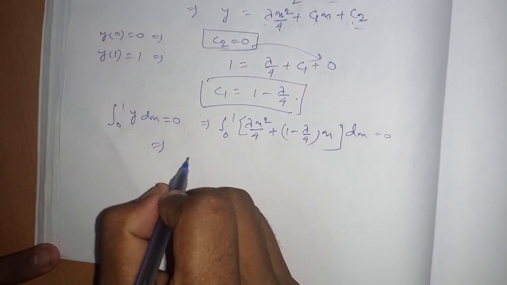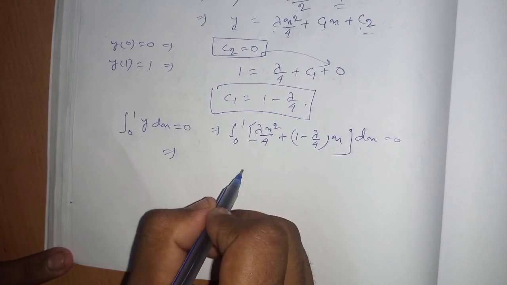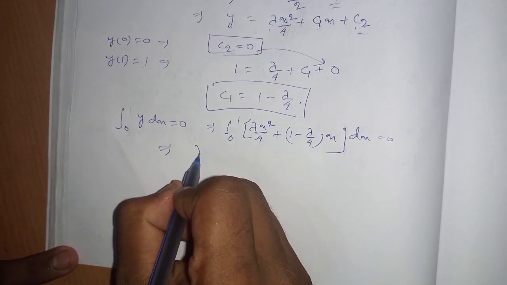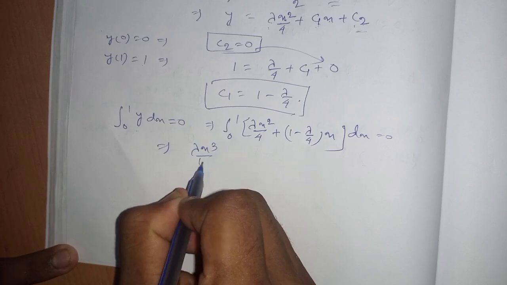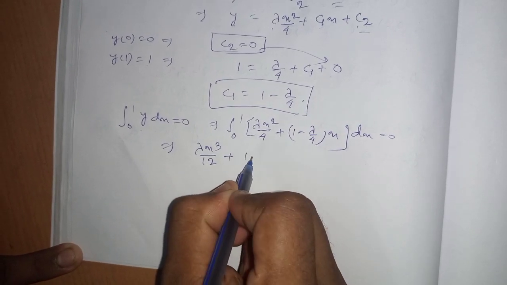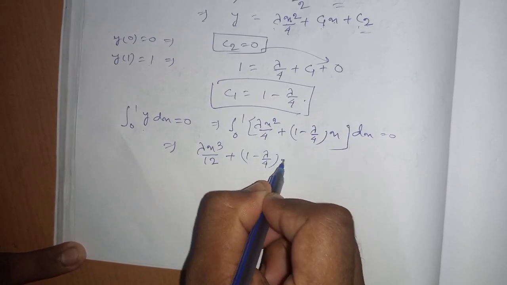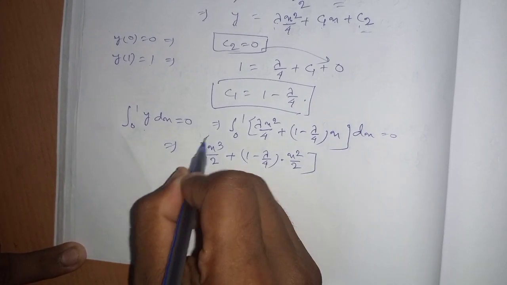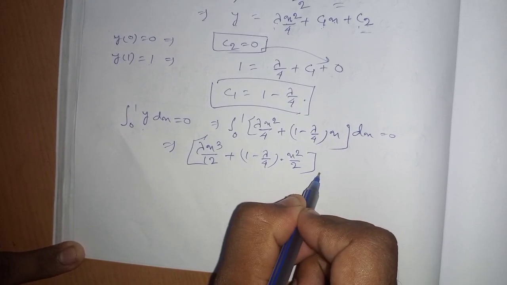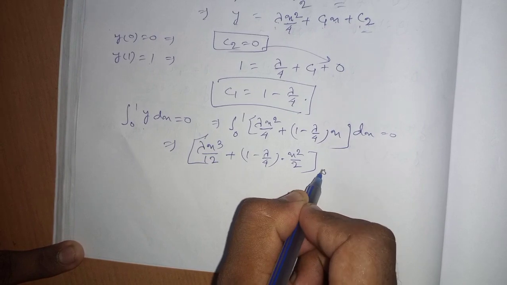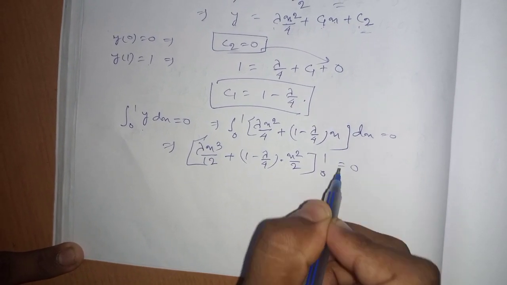Now what is the integration of lambda x square by 4? It is lambda x cube by 12 plus (1 minus lambda by 4) into x square by 2, and the lower and upper limits are 0 and 1 respectively, right?